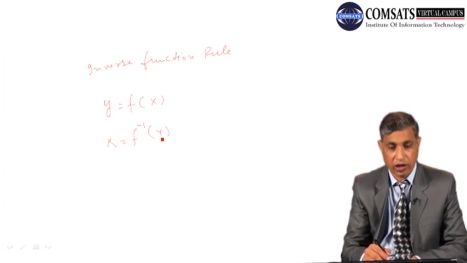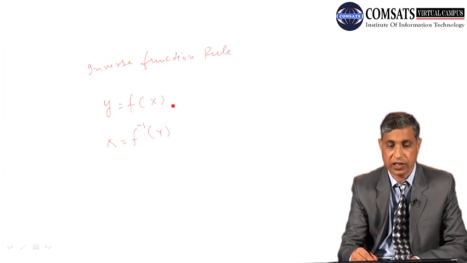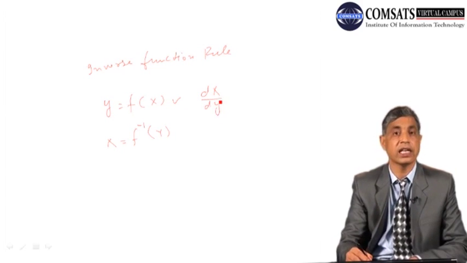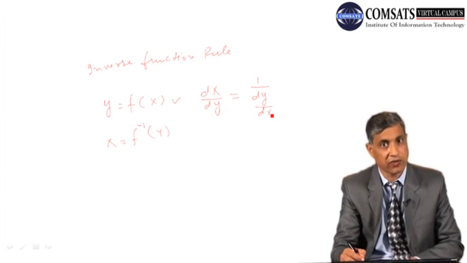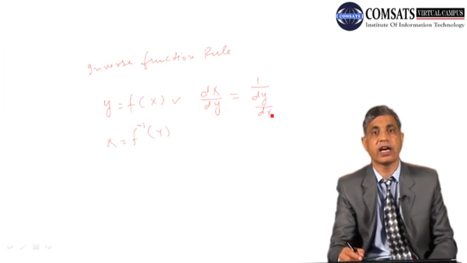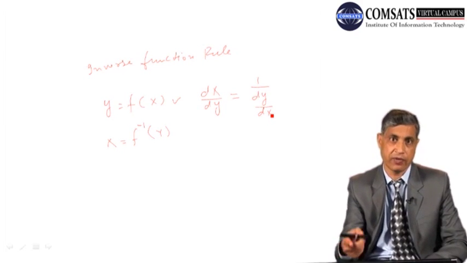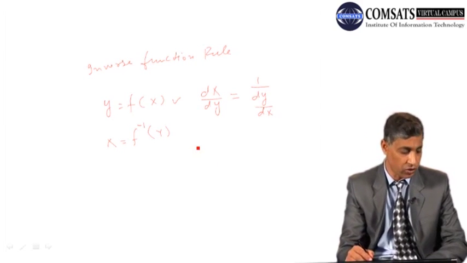If we are interested in dx over dy, not dy over dx, then the formula is that it is equal to 1 over dy over dx. Simply we will find dy over dx and divide 1 by this value.